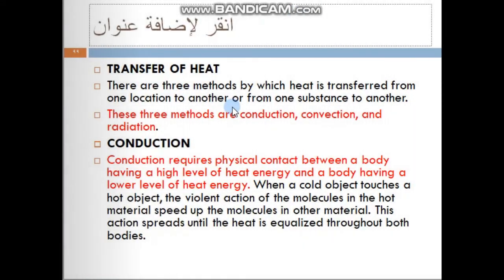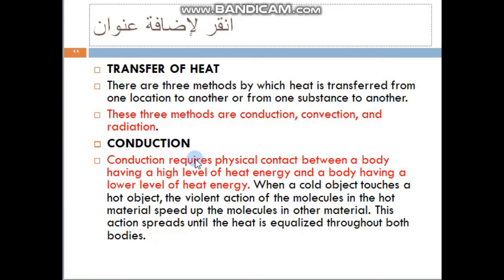Transfer of heat. There are three methods by which heat is transferred from one location to another or from one substance to another. These three methods are conduction, the second one convection, the last one radiation. What's the meaning of conduction?